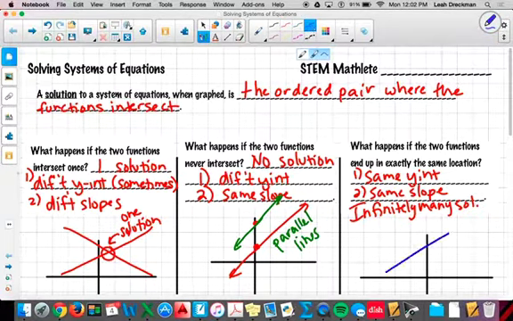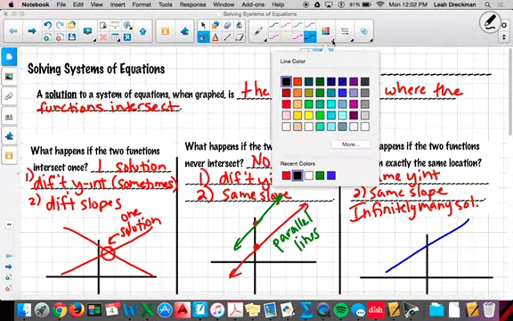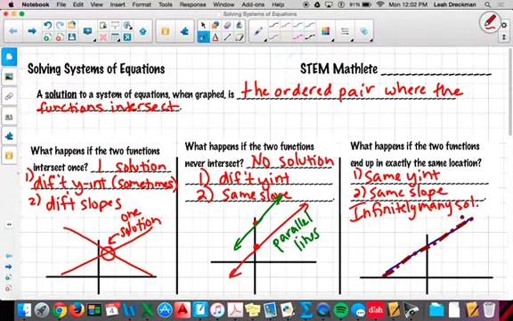So you got one line and you got another line graphed basically right on top of the other one. So, you're looking at something like that. And the points of intersection are all over the place. So, like, all over here, these lines are intersecting.